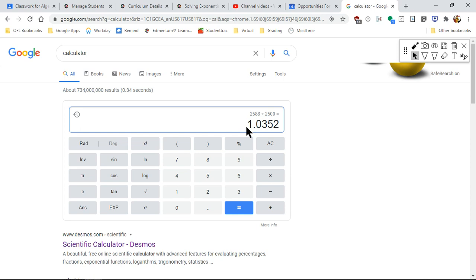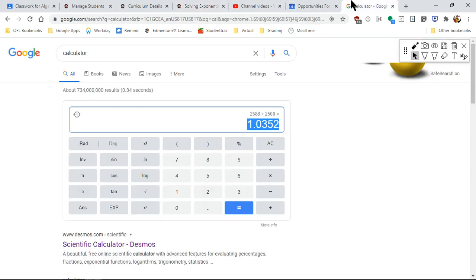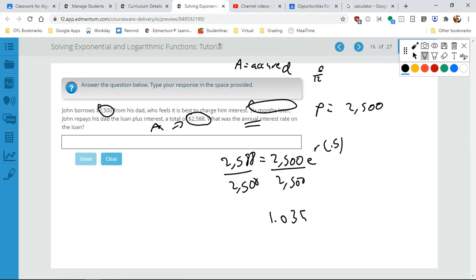So I get 1.0352. I'm going to copy that and put that over here. Did I say 53 or 35? 1.0352. And that's going to equal e^(r times 0.5).